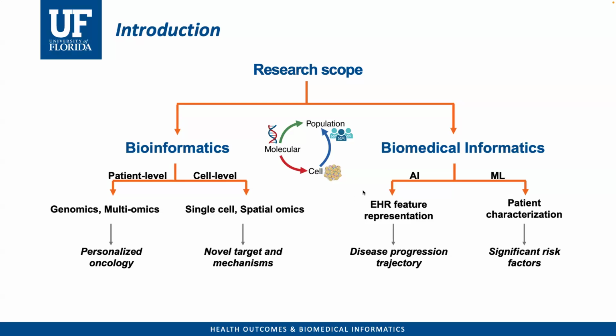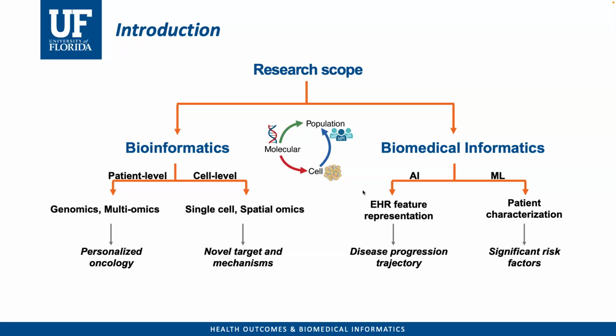Okay, good. So the other aspect is biomedical informatics. For biomedical informatics, we have been working on electronic health records data and patient data, like epidemiology data. We have been using AI and machine learning to do disease progression prediction and to categorize the significant risk factors for patients on the clinical side.